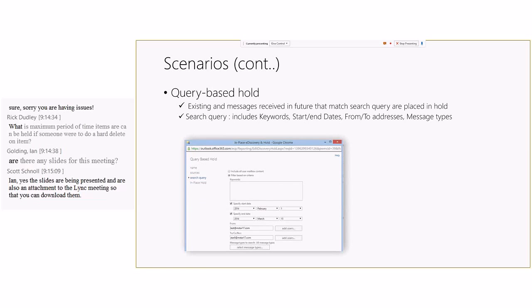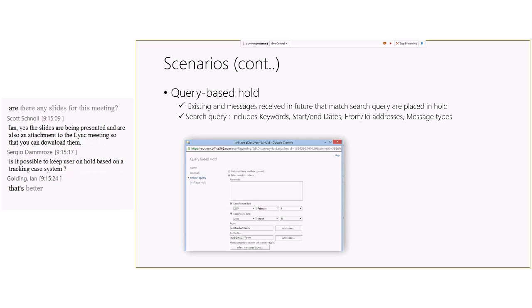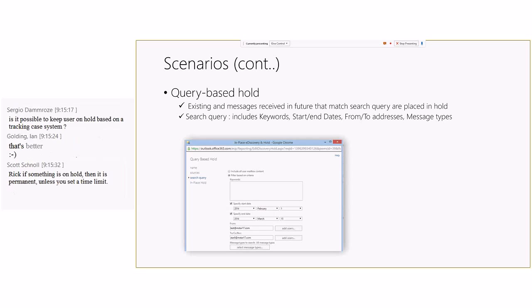Query-based hold, right? As the name suggests, the new Exchange 2013, we kind of went over this before. It offers administrators the ability to place messages on hold that match a particular search query. The search query can be anything like keywords, a start or an end date, a from and a to field, or even message types, right?